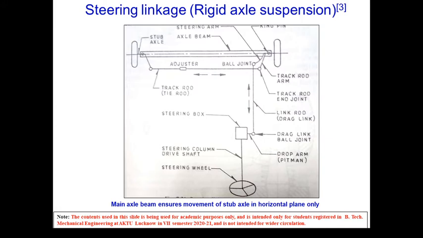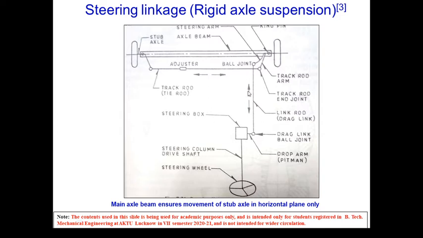When the wheel is turned, the swinging action of the drop arm will impart a near linear movement to the link rod. Then this movement is transmitted through the link rod arm to the stub axle so as to turn the latter about its pivot, which may be a kingpin or a ball joint.